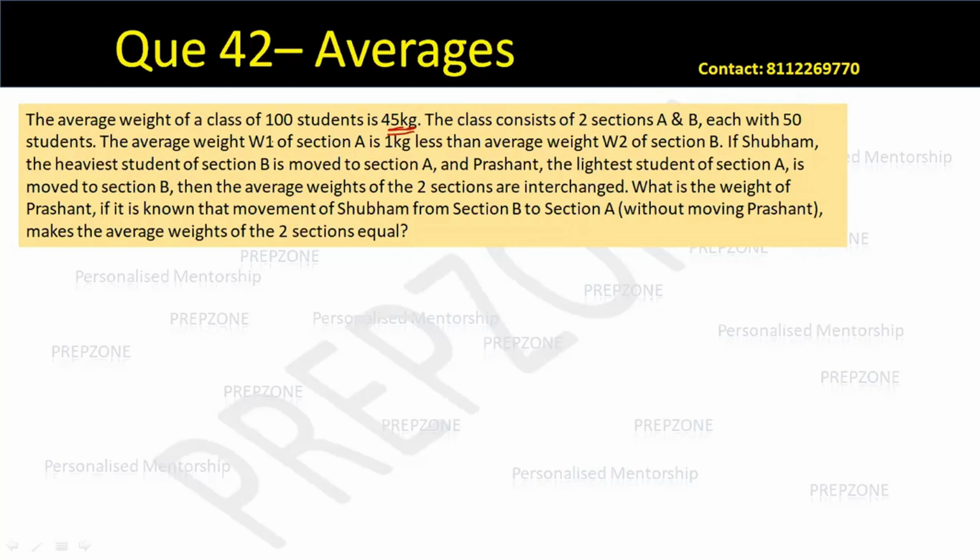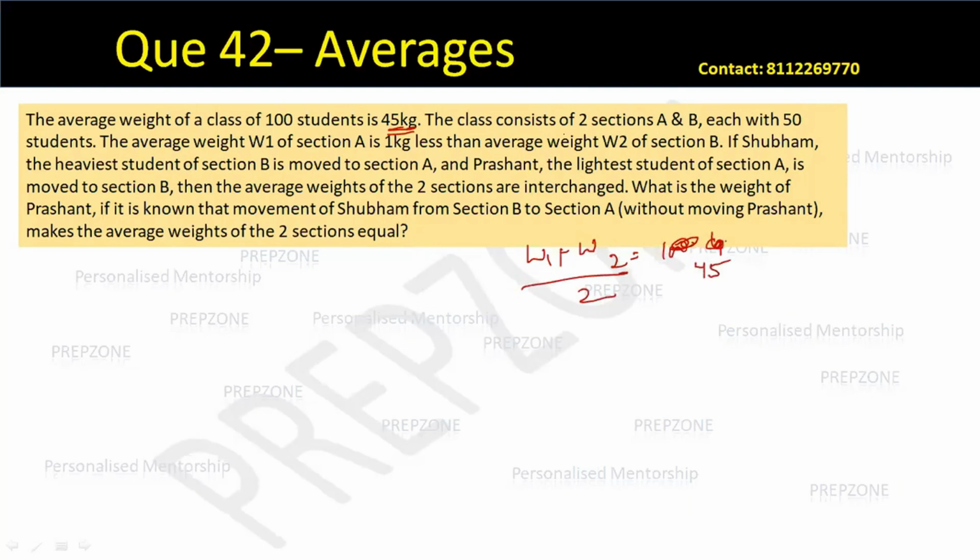Next thing that is given is the average weight of section A is 1 kg less than the average weight of section B. Okay, which means say the average weight, W1 plus W2 by 2, should be equal to 45, right?